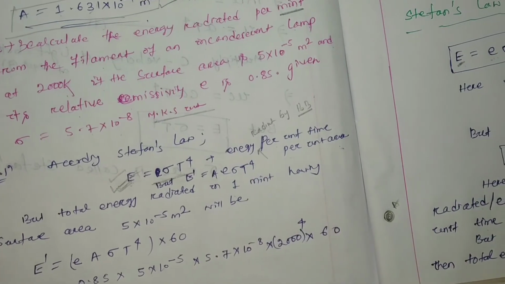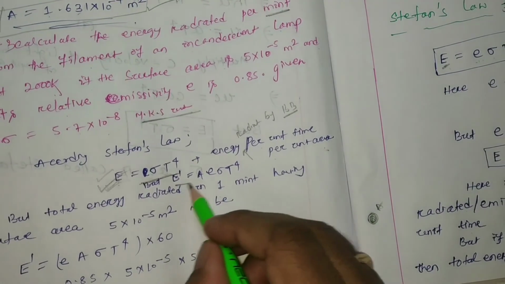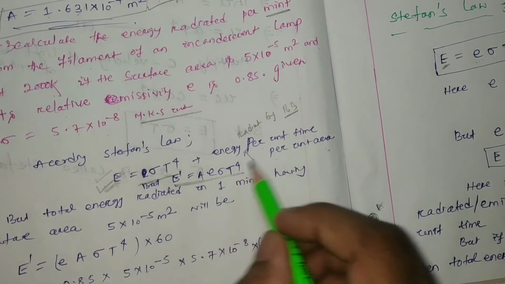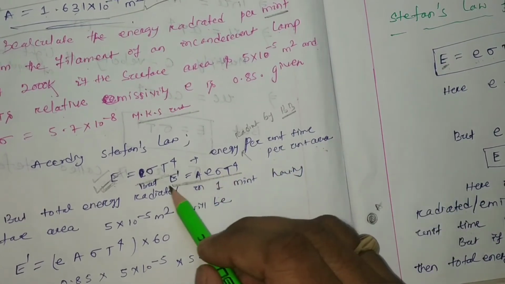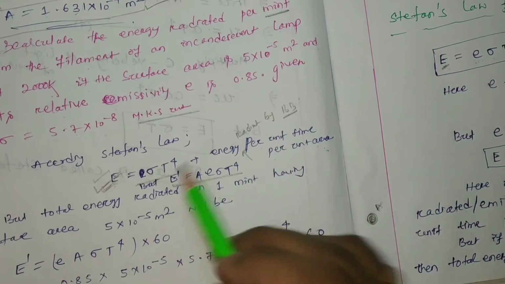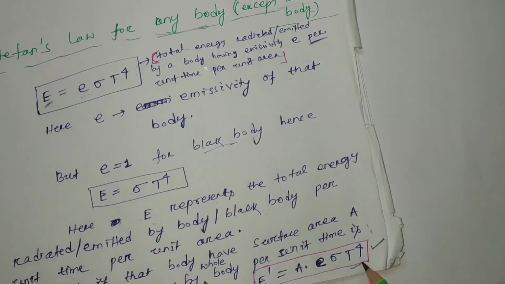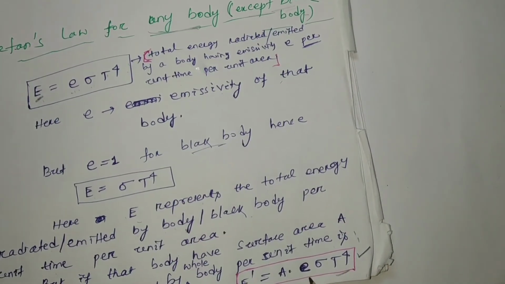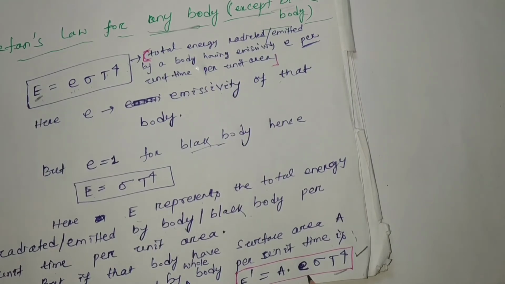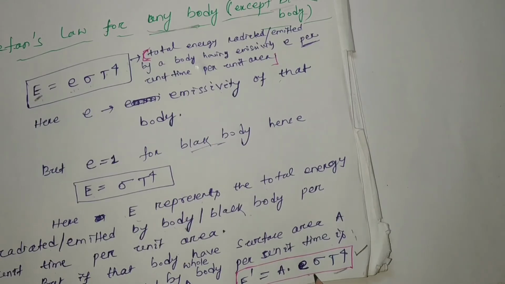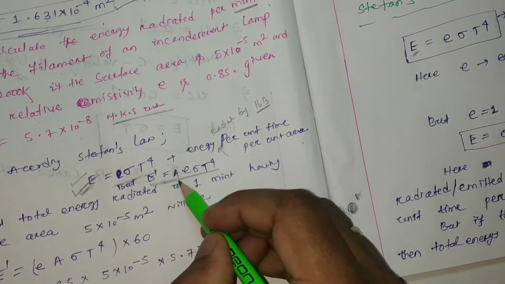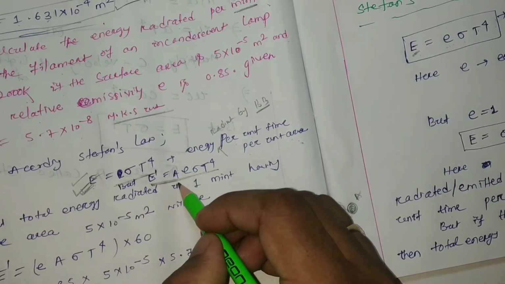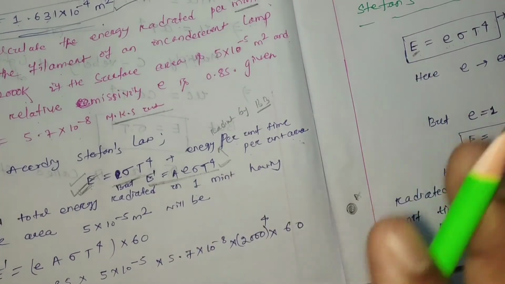E dash means the amount of energy radiated by any body instead of a black body, per unit time through the area A. This is the energy radiated by any body, which we have already discussed.